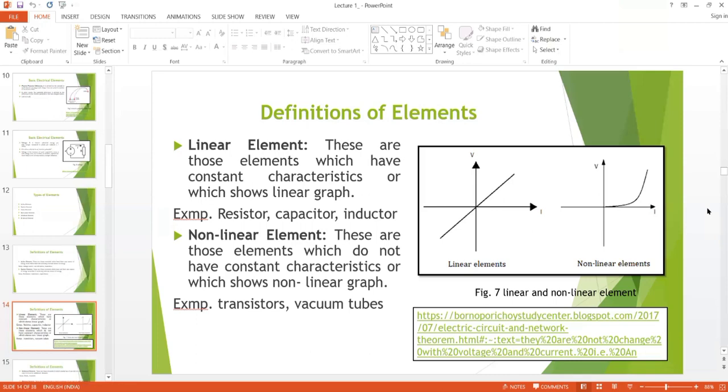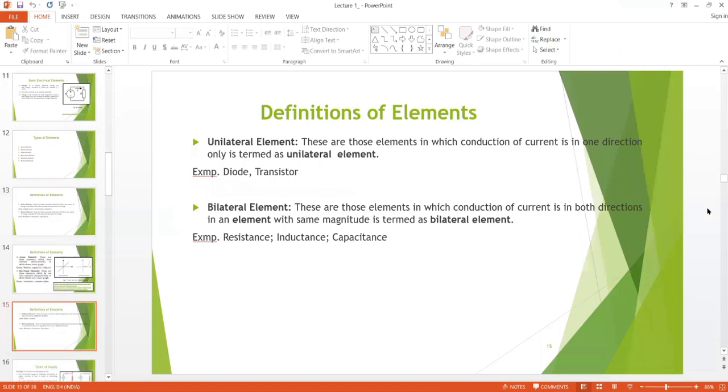Non-linear elements are vacuum tubes and transistors, whereas linear elements can be an inductor, a capacitor, or a resistor. A unilateral element is one in which the current flows in one direction, like a diode or a transistor. In a bilateral element, the current can flow in both directions. It can be resistance, inductance, or capacitance.